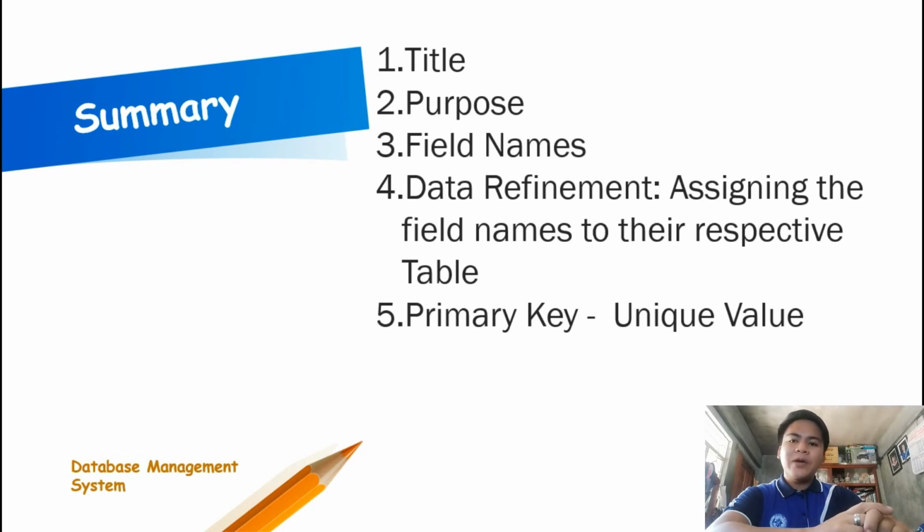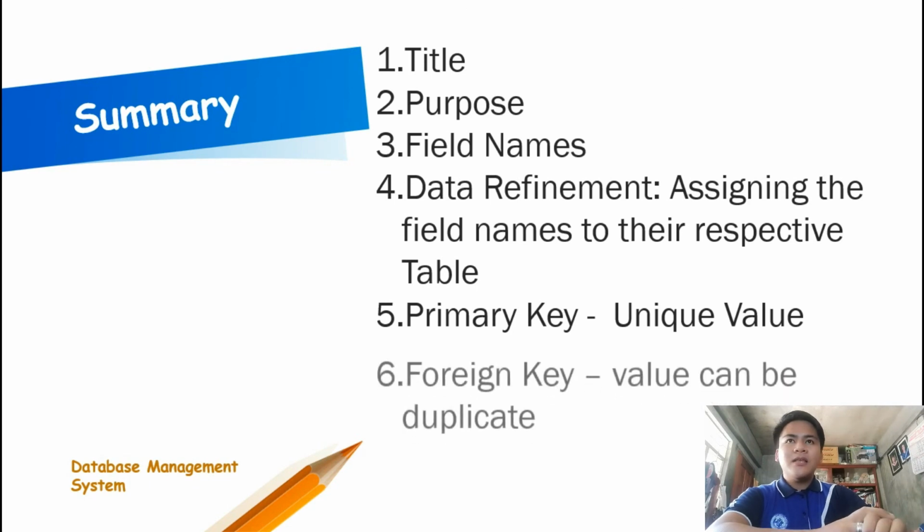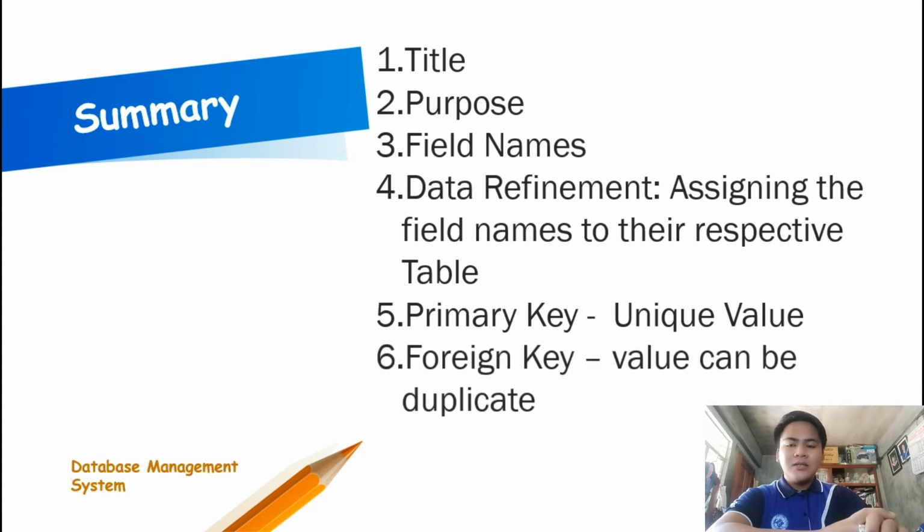So, hindi po pwedeng i-duplicate ang ating records once na naka-assign yung field names natin as primary key. And of course, yung mga hindi naka-assign na primary key, that is now what we call foreign key. Pagka naka-assign yung field name natin as a foreign key, then the value of our field name can be duplicate. Okay, pwede po siyang i-duplicate.